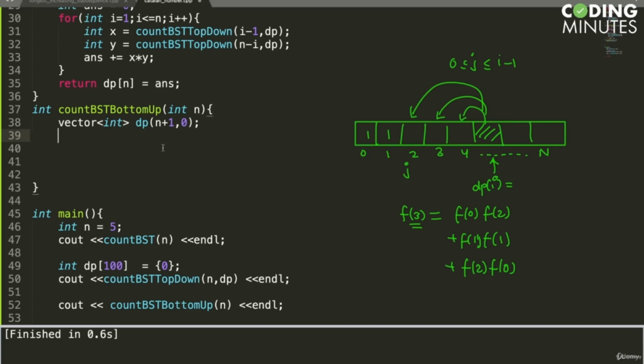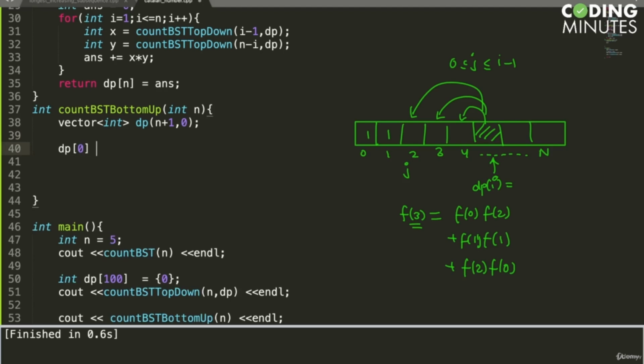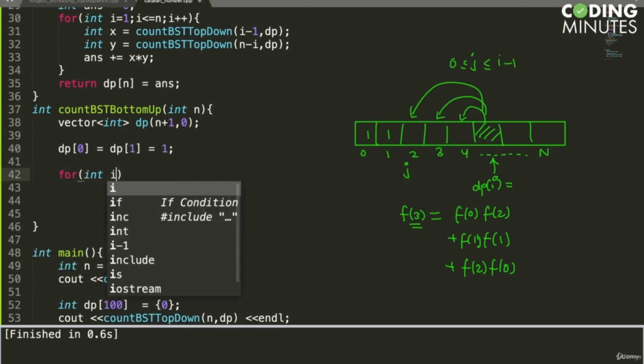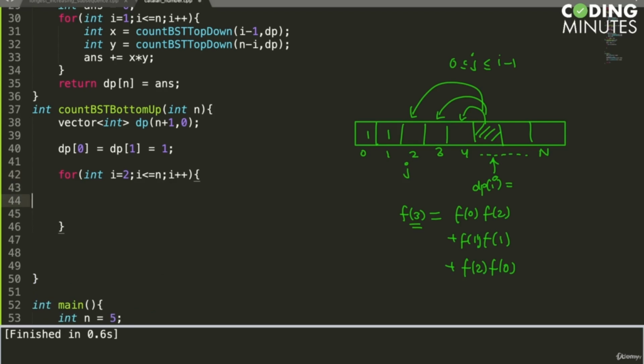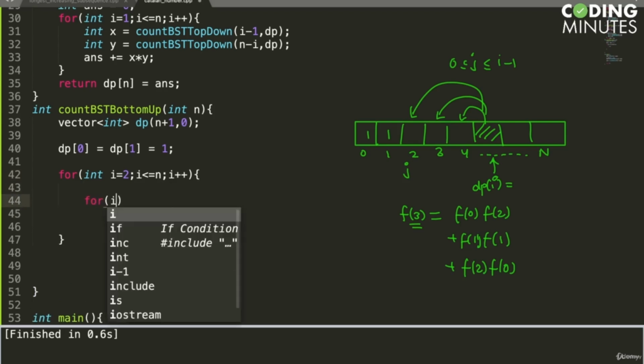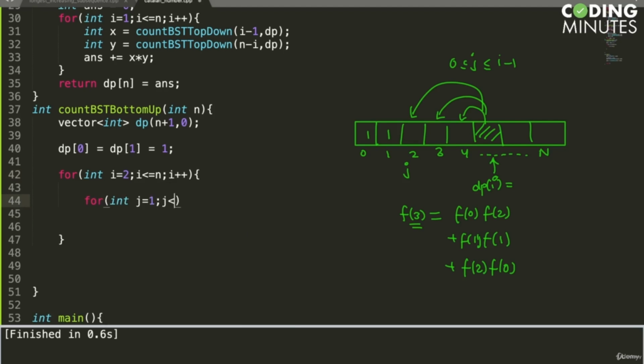So I will say dp of 0 is going to be equal to dp of 1, it's going to be 1, and for int i equals 2, i less than equal to n, I need to iterate on smaller sub problems for j equal to 1, j less than equal to i, j plus plus. That means if I am computing dp of i, we are computing for a value of n that is equal to i, and let's say n is 5.